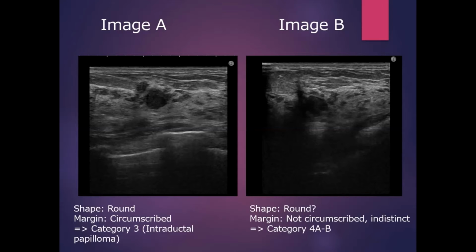If the skin and the pectoral muscle are imaged in parallel and uniform compression is applied to a mammary gland like image A, you can judge the lesion as a tumor with clear and smooth boundary. If the skin and the pectoral muscle are not imaged in parallel and the transducer compression is not uniform like image B, you can't judge the margin and it could lead to a misdiagnosis.